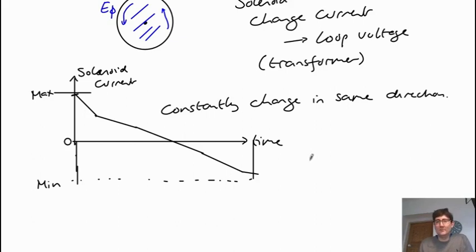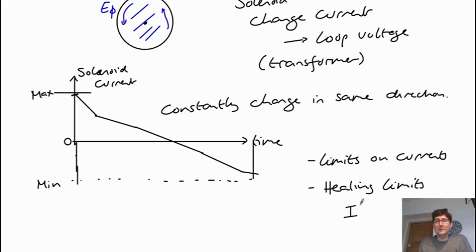The heating goes something like I squared times the time. So I squared is the power dissipated in the coil, which goes roughly like the square of the current, and then the time that the coil is running for. Both of these limit the time that you can drive a plasma this way.